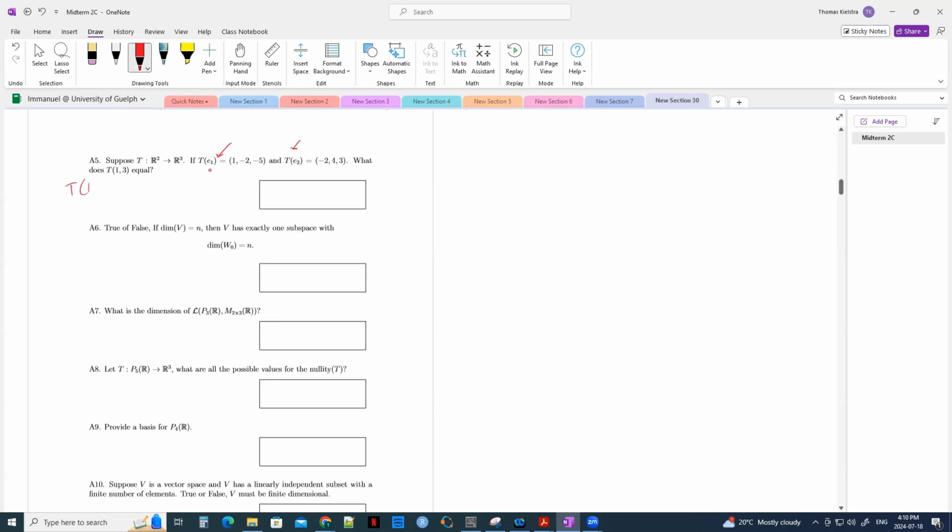So what we need to do is take T of (1, 3), and this is equal to T of 1 times (1, 0) plus 3 times (0, 1), which equals T of 1E1 plus 3E2, which is equal to 1 T(E1) plus 3 T(E2), which equals 1 times (1, -2, 5, -5) plus 3 times (-2, 4, 3), which is equal to (-5, 10, 4). As long as I haven't made any math errors.